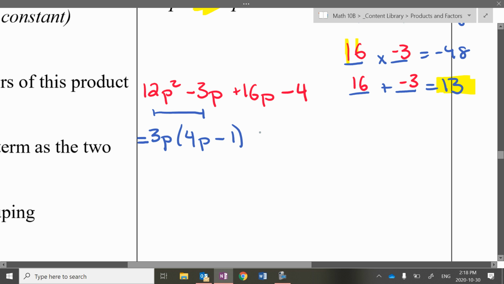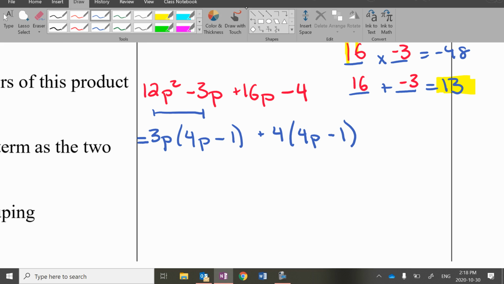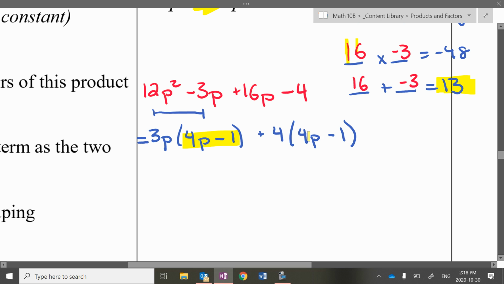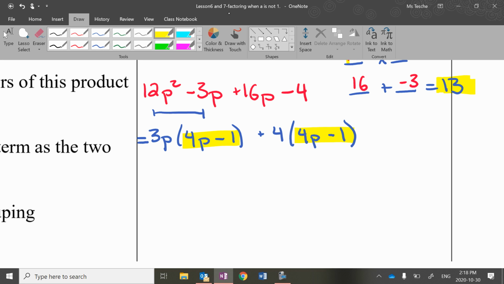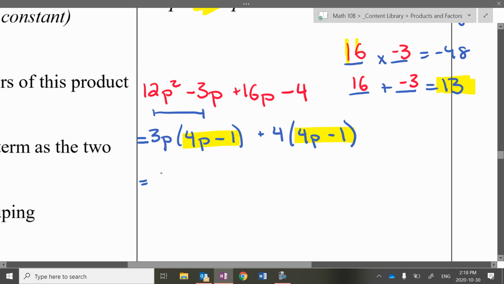My second one, I'm going to take out 4. So I'm left with 4p minus 1. 4p minus 1 is common in both. And then I have 3p plus 4.